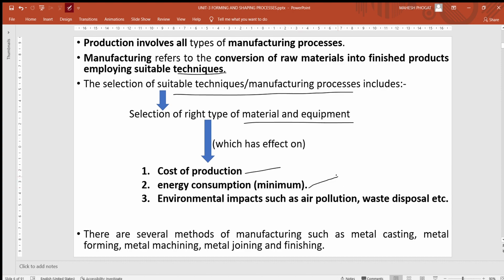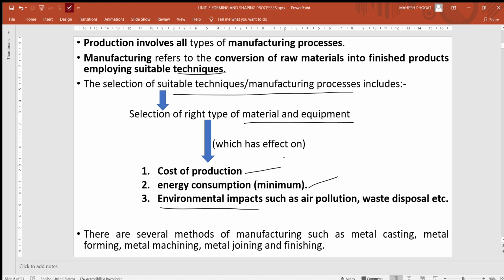What will be the energy consumption? Obviously, it has to be the minimum. And what are the environmental impacts? Once you are available with the answers of these three questions, you will be selecting your material and the equipment based on these three points. And then you can finalize what kind of manufacturing process you are going to use to manufacture your product.